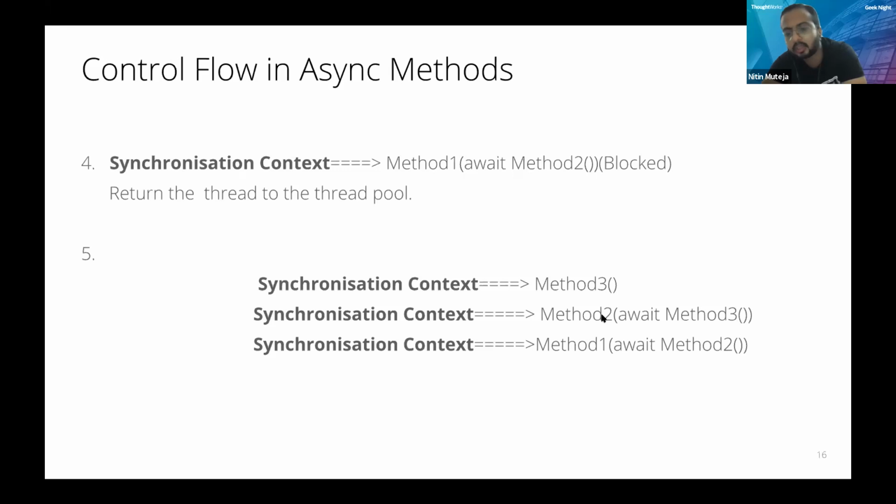Method 2 was awaiting the response from method 3, so it would now begin execution and be completed. Next in the queue is method 1, because it's still awaiting method 2. Now since method 2 is completed, method 1 would also continue its execution and at the end return back the response.